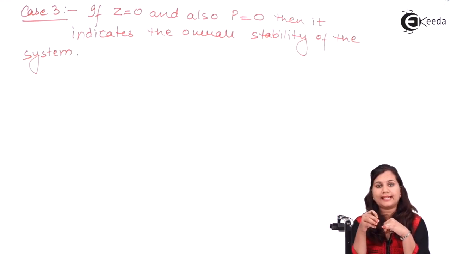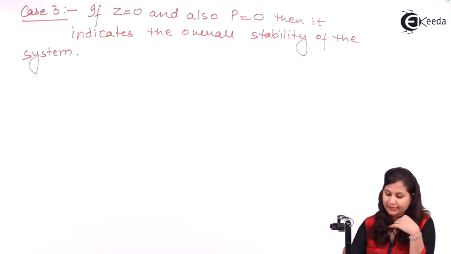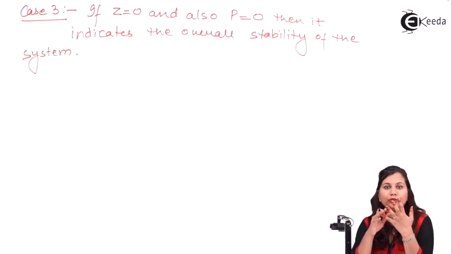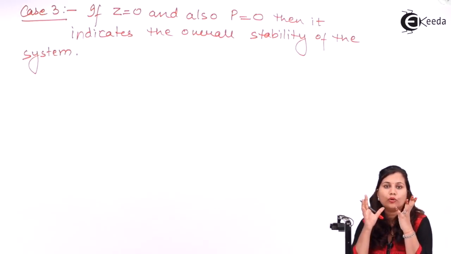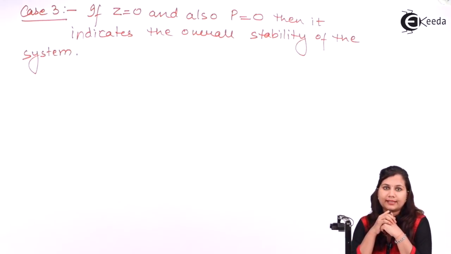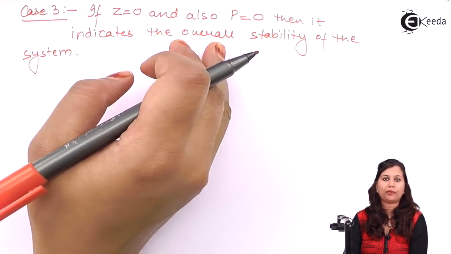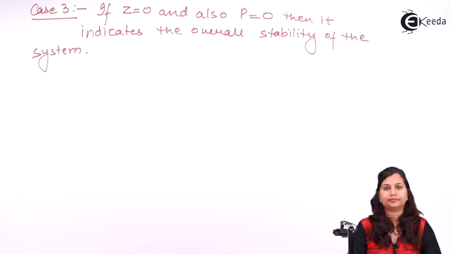Because Z equals 0, the closed loop system is stable. P equals 0, then open loop stability is there. So if both Z and P are 0, then open loop and closed loop both are stable. So it indicates the overall stability of the system. So these are the 3 cases based upon the equation N equals P minus Z.